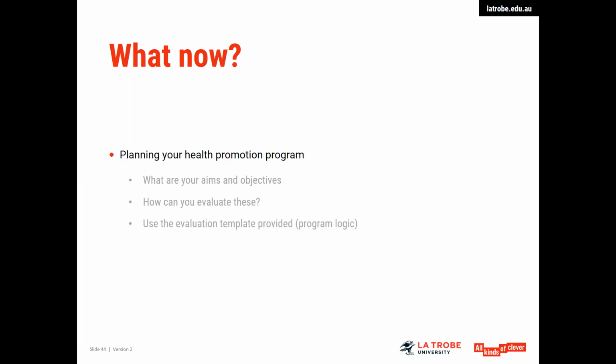Think about your strategies, and what the process evaluation is going to look like to measure those, and use the evaluation plan template that we've provided, which is based on the program logic model. It will give you the structure you need to ensure that your evaluation is well thought out, well planned, and well documented as well.